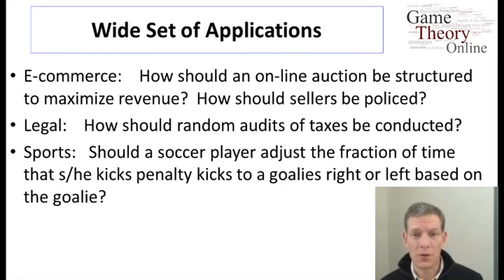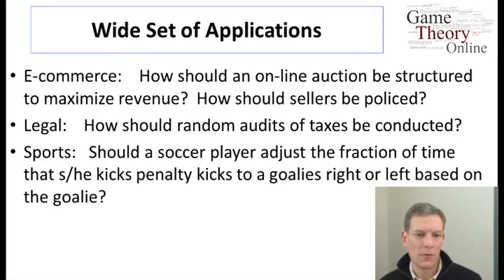E-commerce: so if you want to structure an online auction and want to maximize revenue, how should that be designed? How would you make sure that sellers are actually behaving themselves and delivering goods to buyers? There's lots of legal applications, so if you wanted to think about auditing somebody who's supposed to be paying taxes, how should you design your audits?